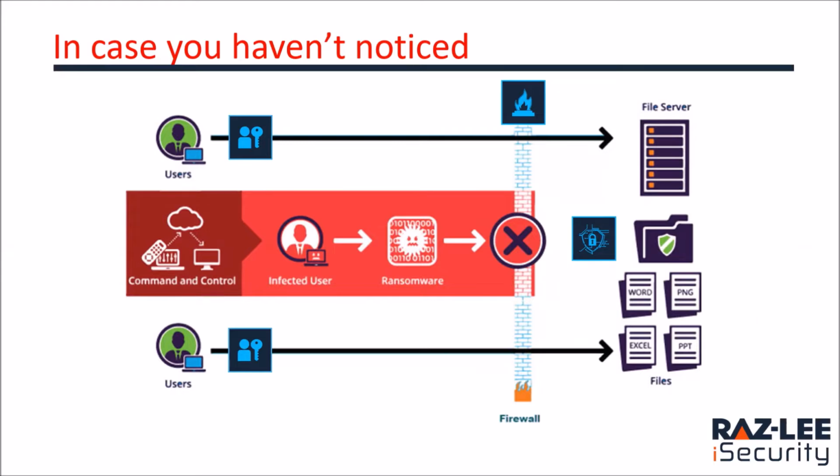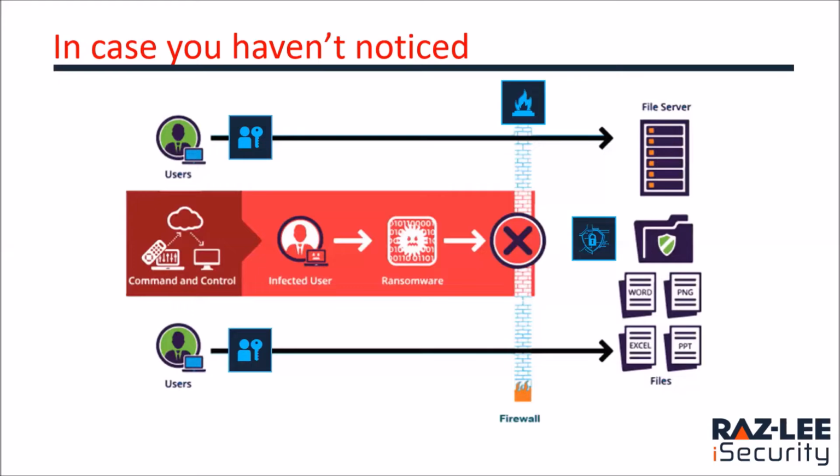In the first place, they cannot take command and control directly because MFA protects the system against that. So in case they have an infected user who is activating a ransomware or a malware because there is a zero-day, it has to enter through the firewall.